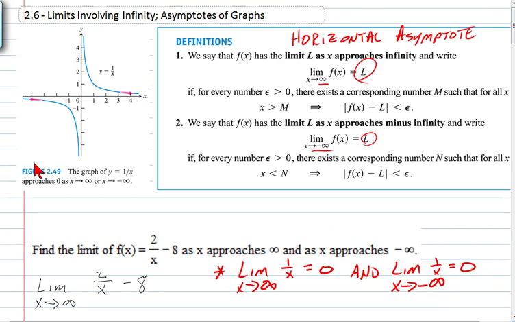So it seems obvious that if you divide by infinity or negative infinity, you're going to get 0. That's not a very precise mathematical way to state things, but it's effective, it works. 1 divided by bigger and bigger numbers gives smaller and smaller values of the fraction. Well, 1 over x, as x goes off to infinity, you're going to get 0.